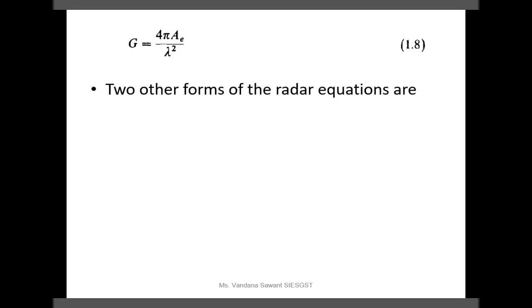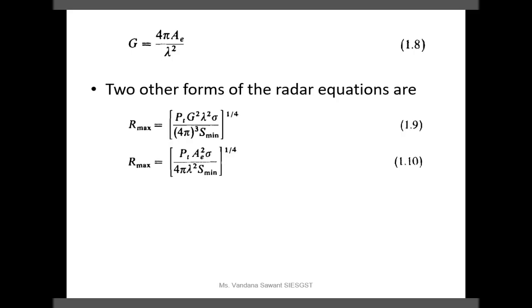So these two forms of the equation can be written like this: Rmax is equal to Pt G square lambda square sigma upon 4 pi cube S minimum, whole raised to 1 by 4, or Rmax is equal to Pt A square sigma upon 4 pi lambda square S minimum, raised to 1 by 4.